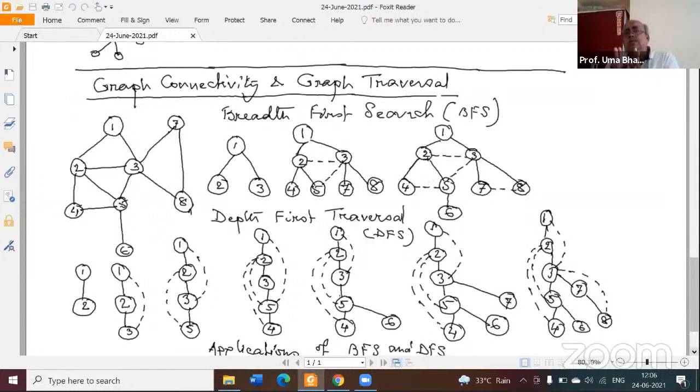So you just do not consider the dotted lines. Then we have a tree corresponding to this graph with 1 as the root. And it is a connected graph.